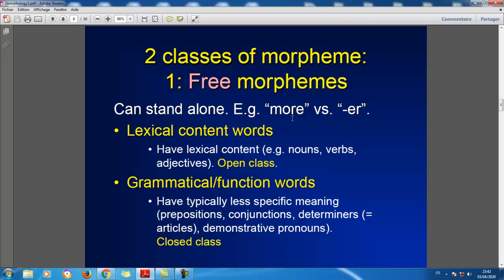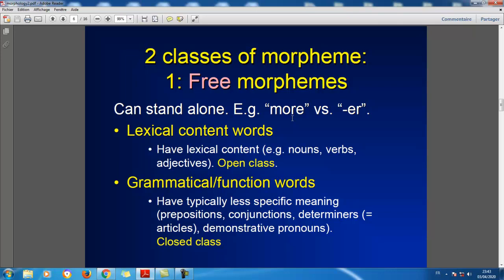For example, smart. If we say A is better in smartness, if you like, we can say A is smarter than B. So notice more and er, both of them have got the same meaning.